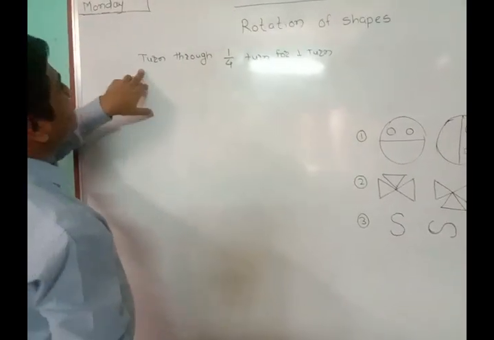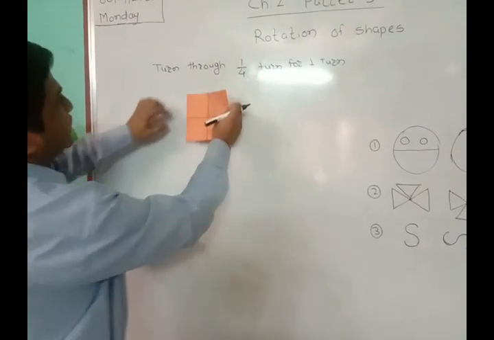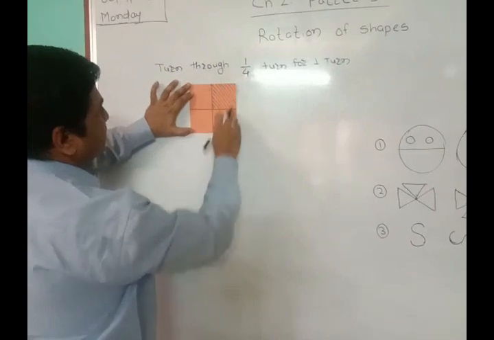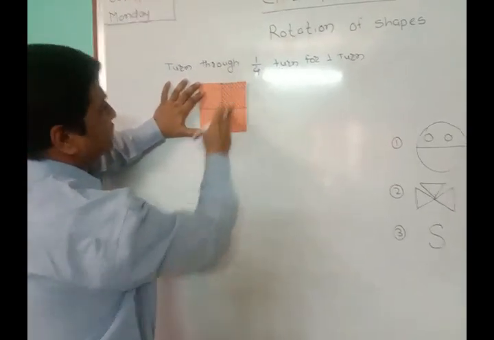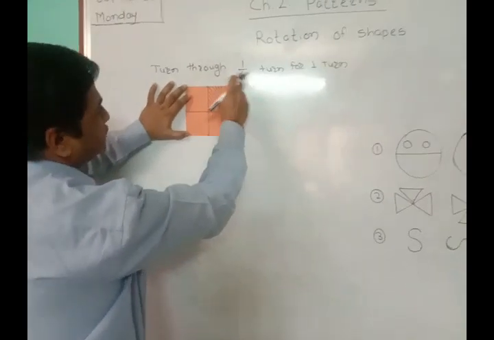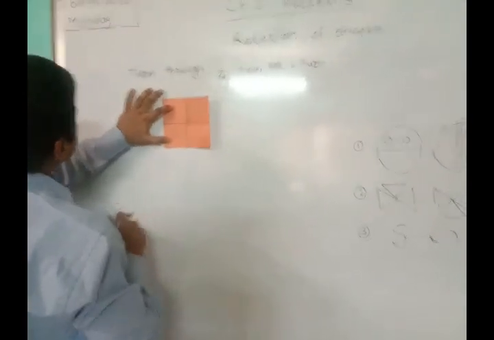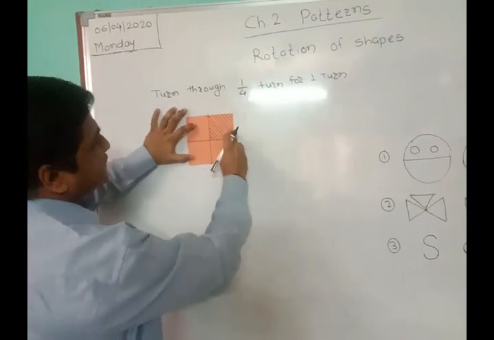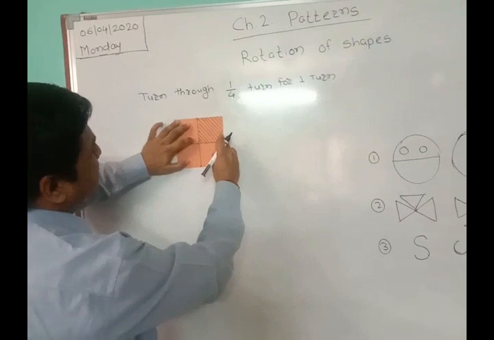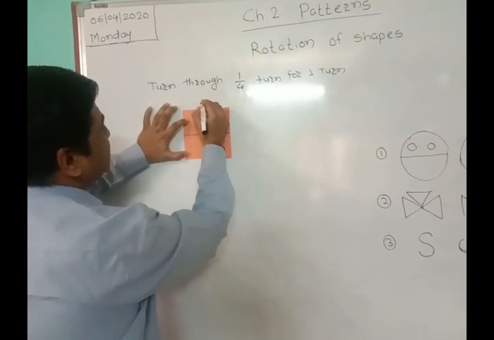Now it is said turn through 1/4 of a turn for one complete rotation. We are having a square which is divided into 4 quarters, 4 equal parts, and we are going to turn this square either in the clockwise direction or in the anti-clockwise direction. It's not specified, so we are going to turn it in the clockwise direction. For that, we are going to use this as a reference line.